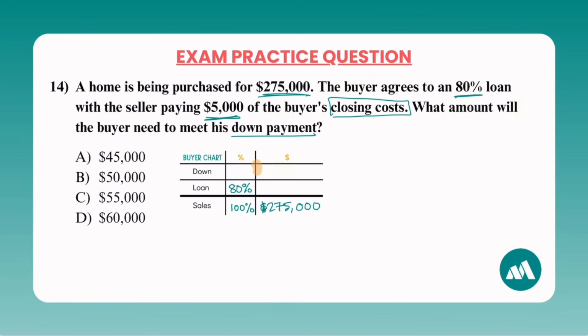which is this box. So in order to do that, we know that all we have to do is find the down payment percentage, which is 20%, and then multiply our sales price times 20% to get our down payment amount.